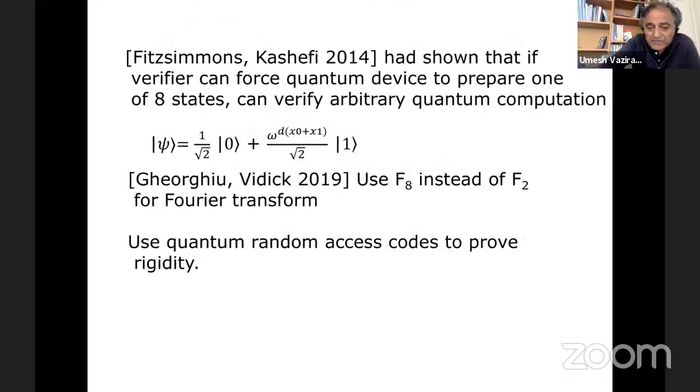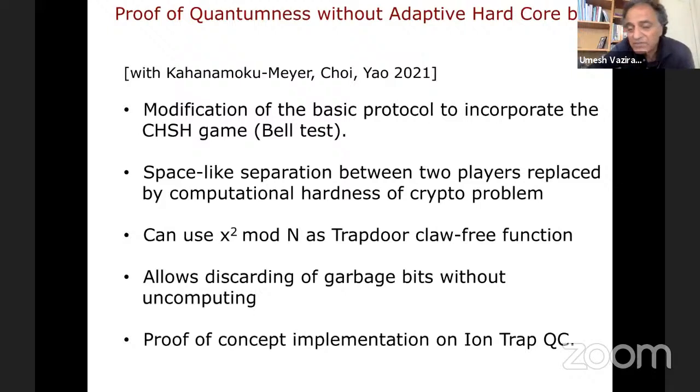Okay, so now let me, in the brief amount of time left, speak a little bit about further follow-ups having to do with improving the efficiency of both tests of quantumness as well as the randomness. So in terms of proofs of quantumness, one of the issues is this adaptive hardcore bit.